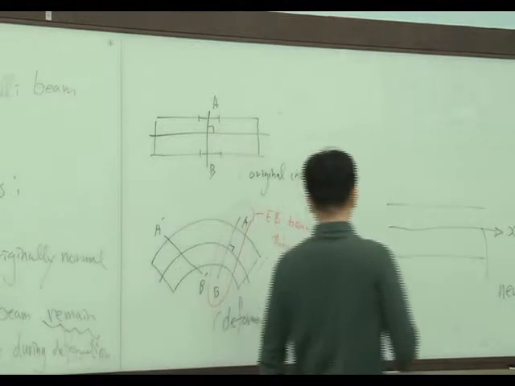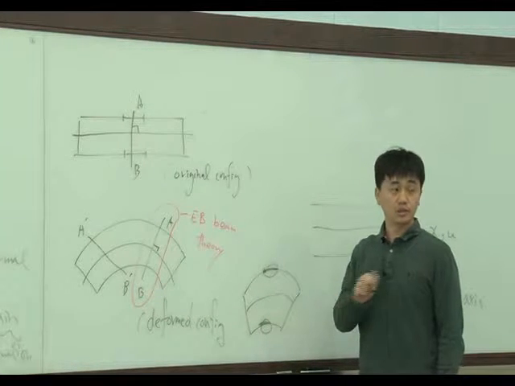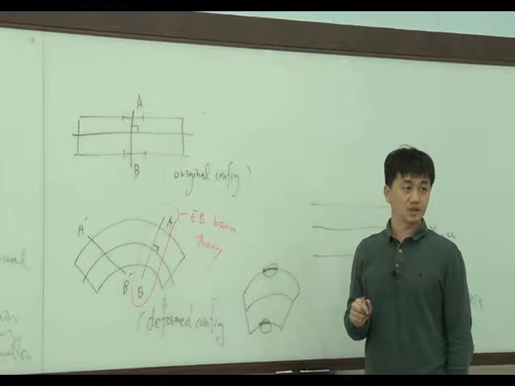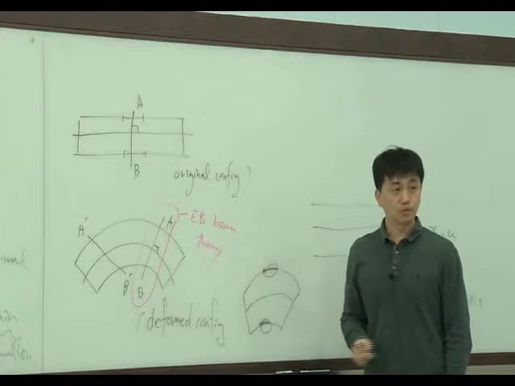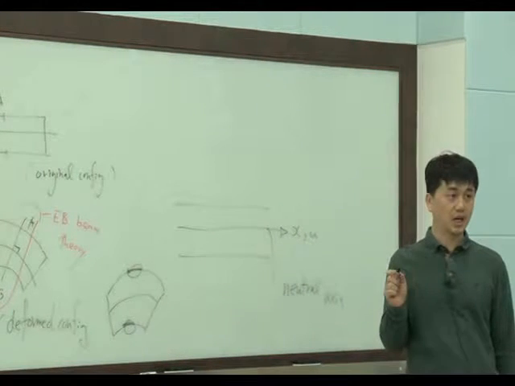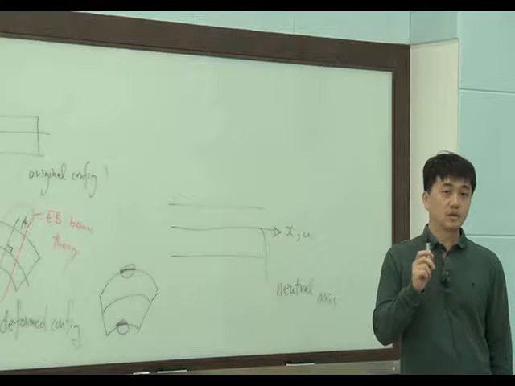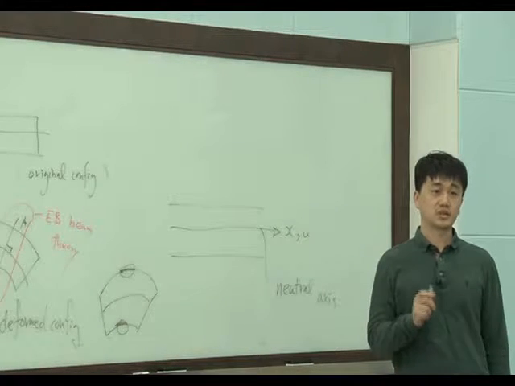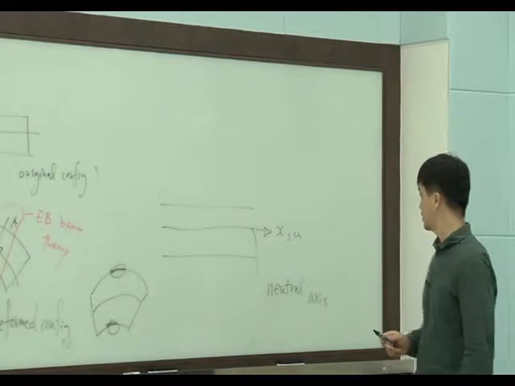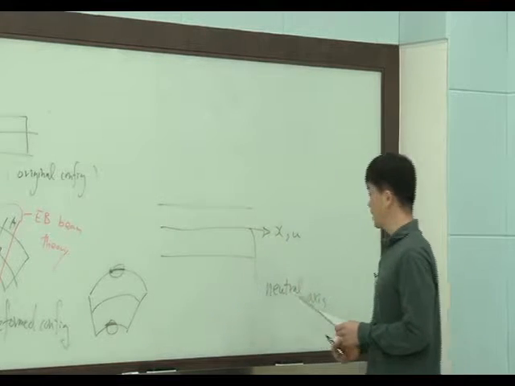But at the neutral axis, there is no length change. So we define the neutral axis as the line where the longitudinal length change doesn't occur.